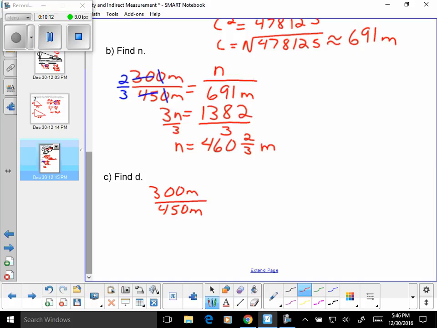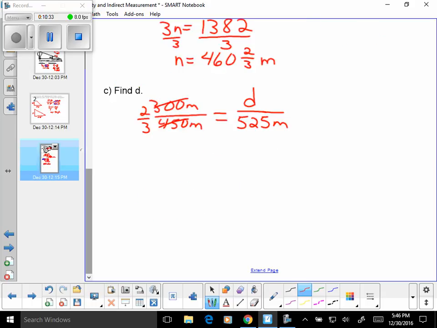So I'm better off using the ratio that I'm given in the problem, which is the correspondence between the 300 and the 450. Is D over, and this one I can get from the diagram, it's 525 meters. Again, I'm going to reduce this to 2/3.